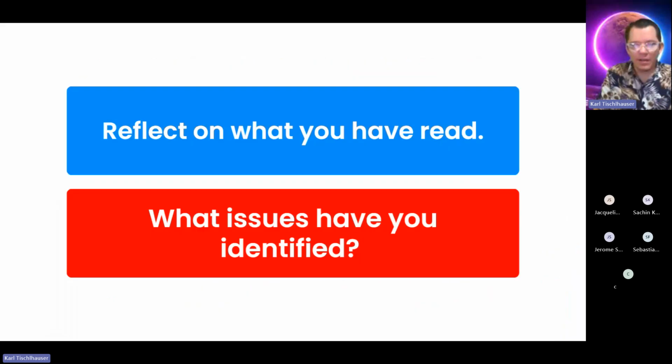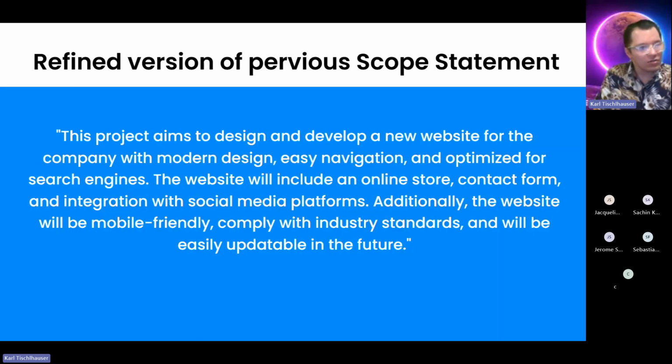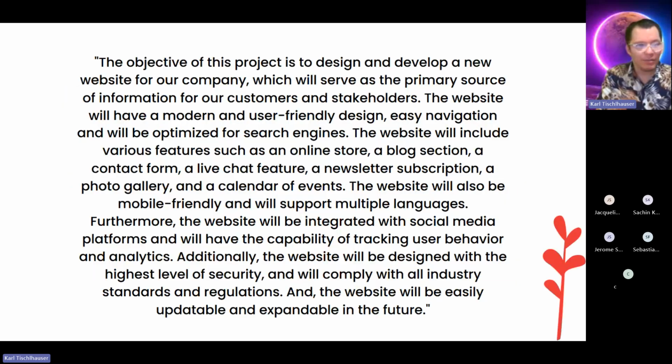But if we look at the refined version, it's a lot shorter. And that's the point. Sometimes when we're working with a project management team, you don't want to bombard them with paragraphs of what they need to read. Sometimes you need to just bullet point information so that you can get to the point, so they know exactly what they need to do. When I'm working on a project team, I don't want to know what all the other team players are doing.